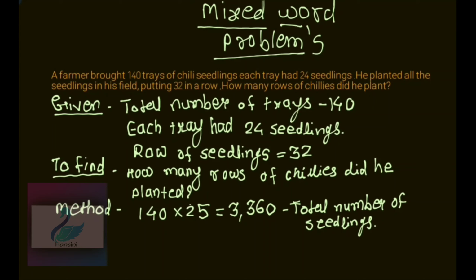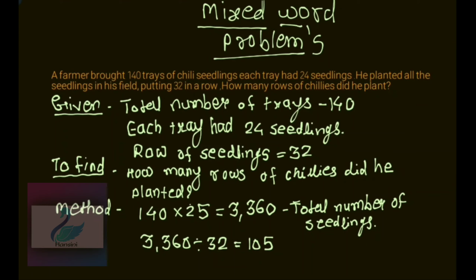Now it is given that rows of seedlings were 32. The total number of rows were given. Here we have to find how many rows of chilies he planted. So now the total number of seedlings we got from 140 trays, that we will divide by the number of rows given.